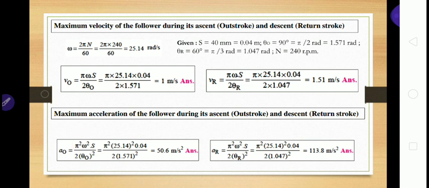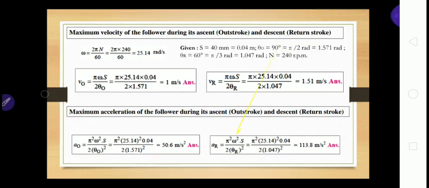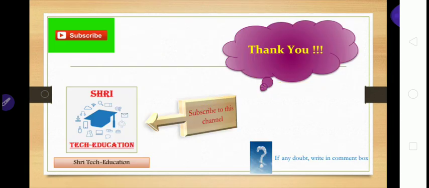You will get a0. This formula also you have to remember. You have got maximum acceleration during outstroke is 50.6 meter per second square, and maximum acceleration during return stroke you have got as 113.8 meter per second square. So this is all regarding the second problem.